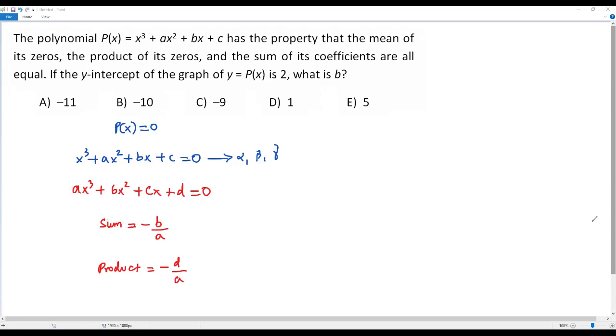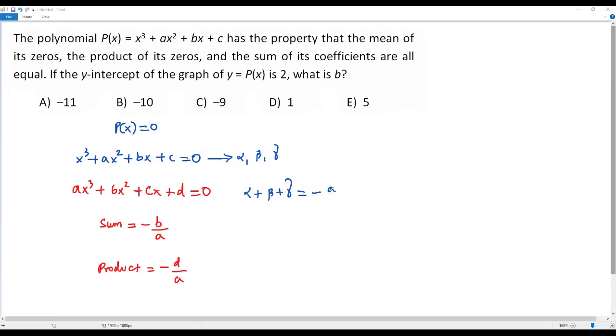Now let's get the sum and product of the 3 solutions for our cubic equation. We have assumed alpha, beta, and gamma are the 3 roots. For the sum, we add alpha, beta, and gamma, which equals negative the coefficient of x squared, that is a, divided by the coefficient of x cubed, which in this case is 1.